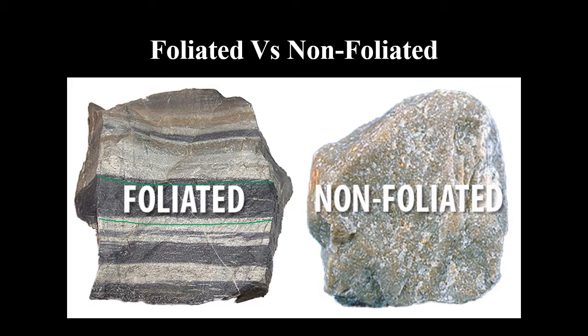Just like if you leave muddy water long enough, it'll separate into different layers. When foliated rocks are subjected to heat and pressure, eventually the different layers are squeezed from each other and form these beautiful patterns. So these are the two basic ways you identify metamorphic rock: foliated and non-foliated.